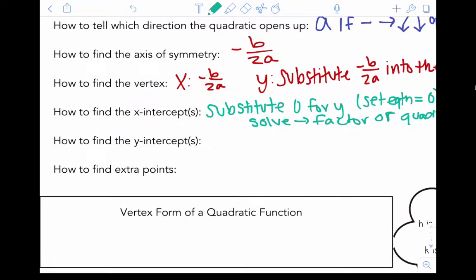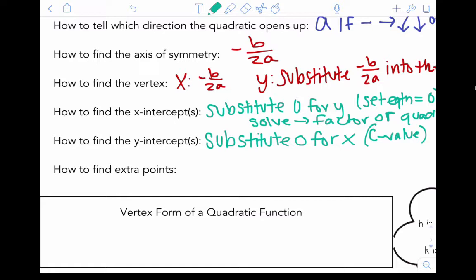Now to find the y-intercept, that's when x equals 0. So we'll substitute 0 for x. It's always going to be the c value. Whenever you substitute 0 for x, the answer you get is always going to be c.